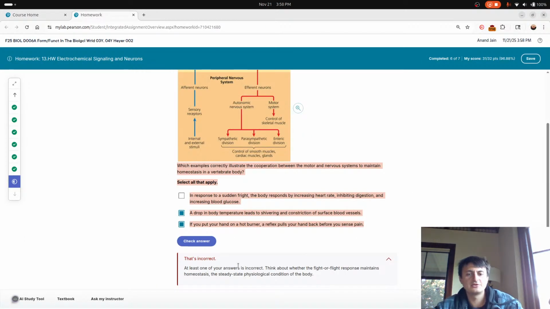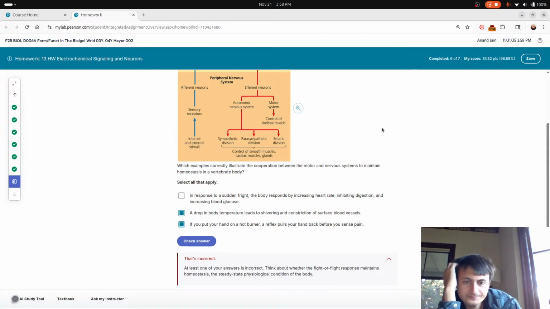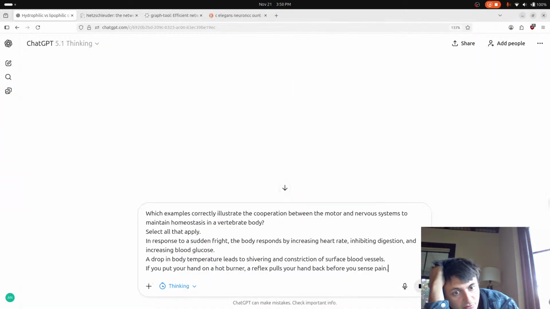It seems like both of those two are negative feedback, though. But I don't know if this is probably not it either, because that has nothing to do with the brain.